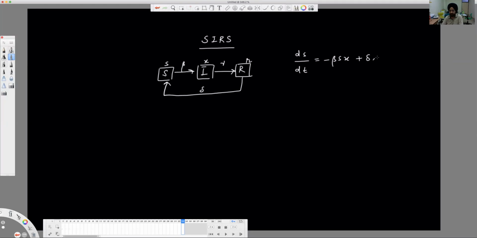Dx by dt is beta sx minus gamma x. Dr by dt will be gamma x minus delta r.